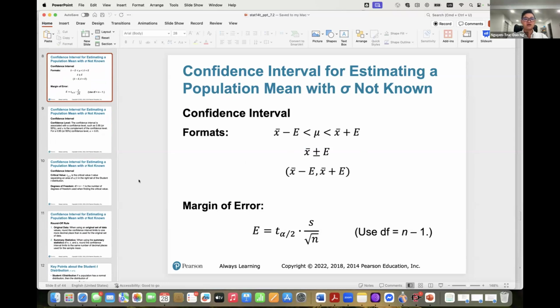This is similar to the previous example, because S over the square root of n is exactly the standard error in the previous example, right? And t alpha over 2 here, we can find from the table.